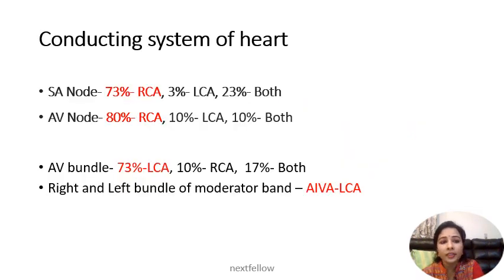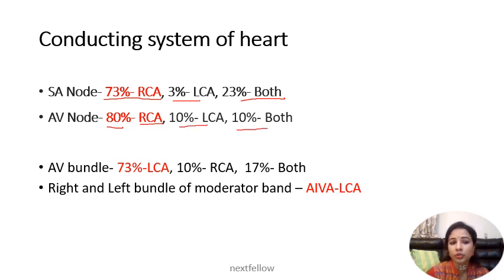And most importantly, the blood supply to the conducting system of the heart. In 70% the SA nodal artery gains its origin from the right coronary artery, the rest 27% is by both right and left, and only 3% is by the left coronary artery. And for AV nodal branches, 80% is by the right coronary artery, 10% left, 10% both.